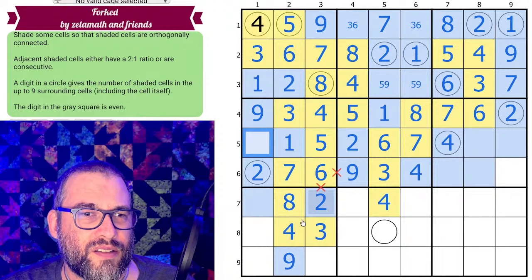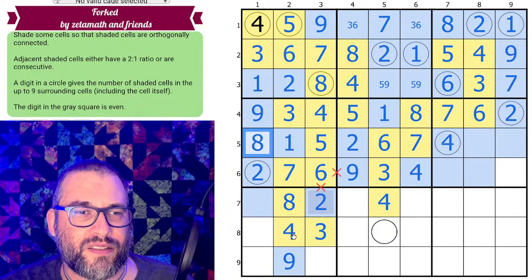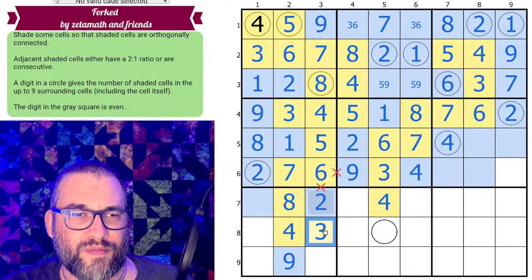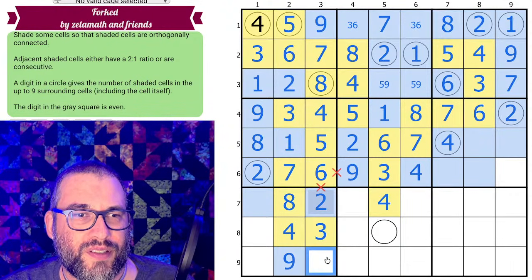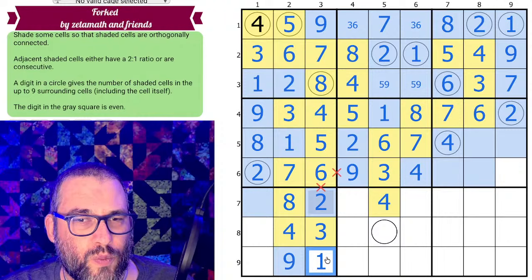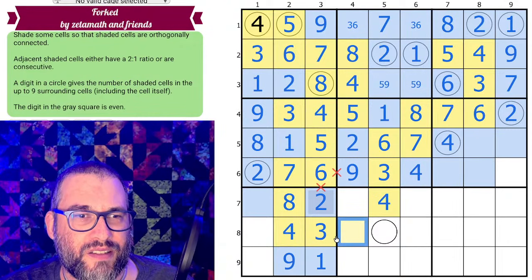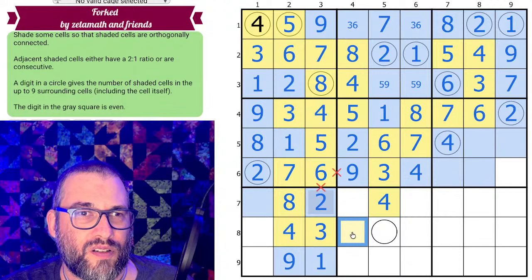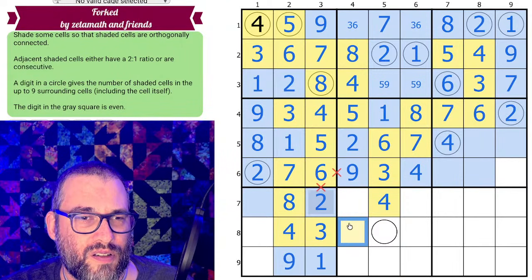Let's see. That's not a 7, that's an 8. This is known. It looks like a 1, so it's not shaded, and this gets out. This connects to a 3.